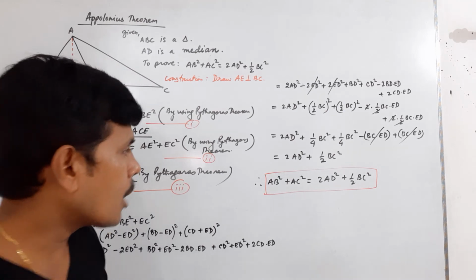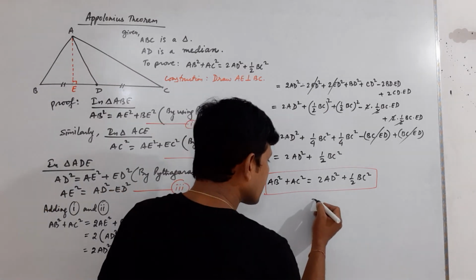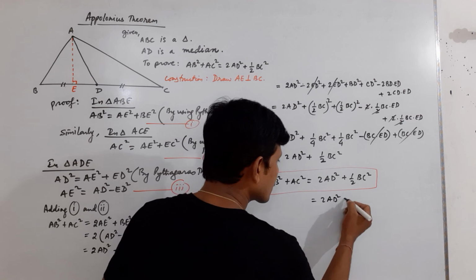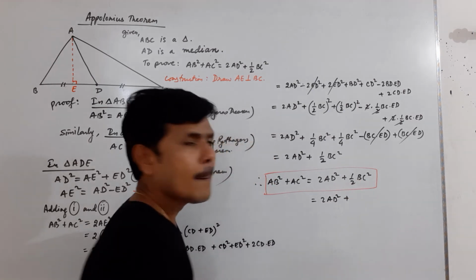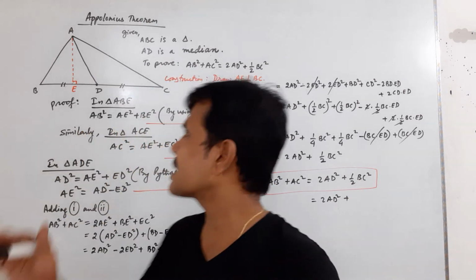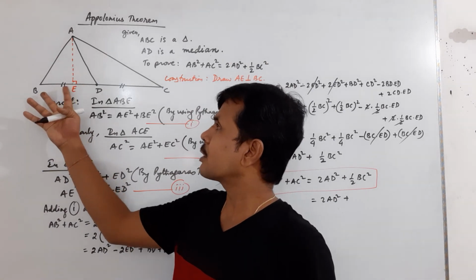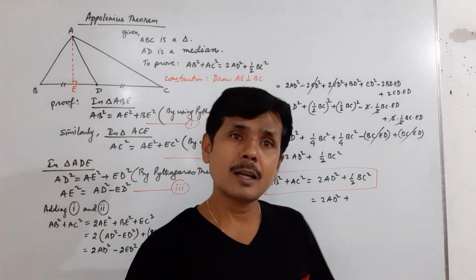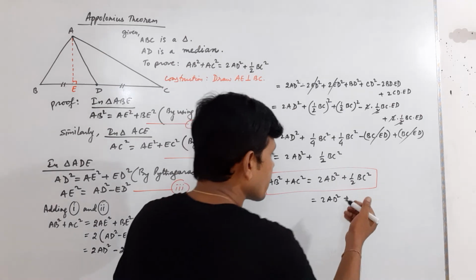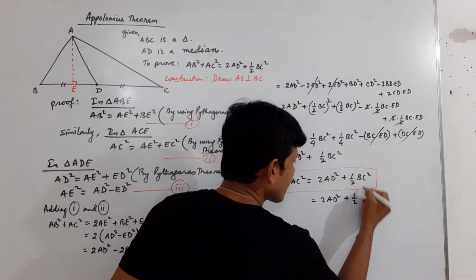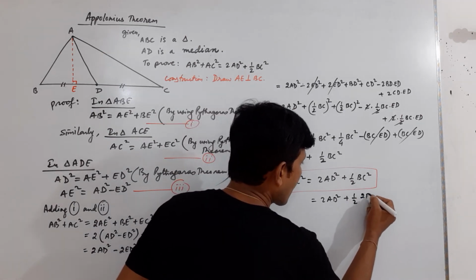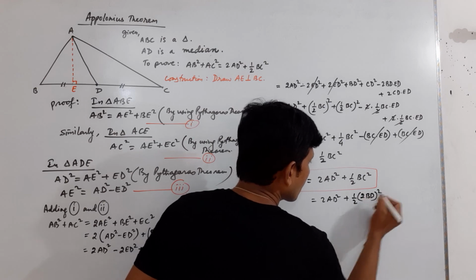Okay. Now this can be further written as twice AD square, and in place of BC square, if we write twice of BD, then we will get something new. See, look over here. I am writing over here half. In place of BC, I am writing twice BD square.